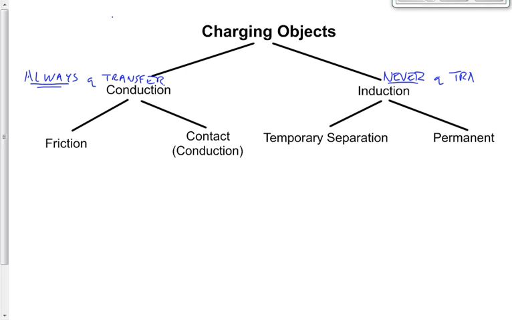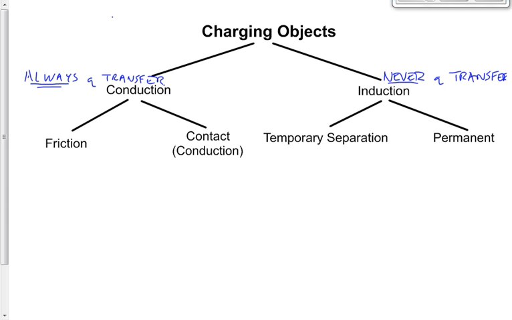When we talk about charges, we're talking about protons or electrons. If something's going to transfer, what's it going to be, protons or electrons? Electrons. So if we have electrons transferring from one object to the other, one becomes negative, one becomes positive, it's got to be conduction, because induction never involves a charge transfer.